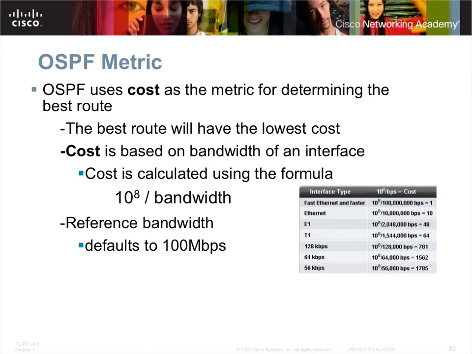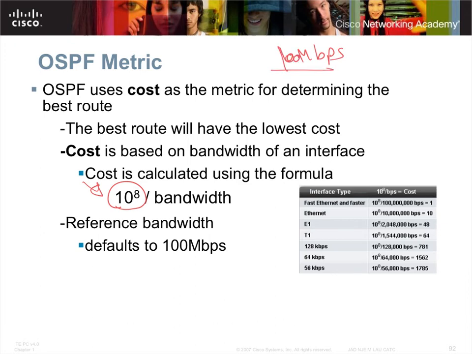And the way that the metric is calculated for the case of OSPF is that you have a reference bandwidth, which is defined for the entire system. By default, it's 10 to the power 8, which means that the reference bandwidth is in fact 100 megabits per second.